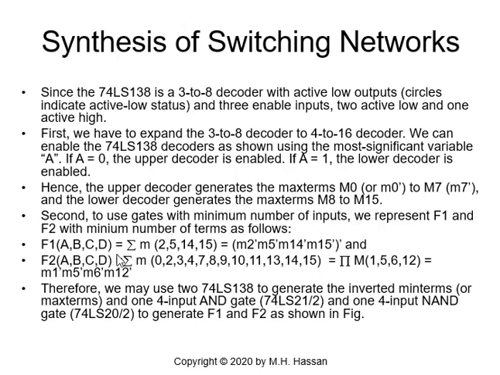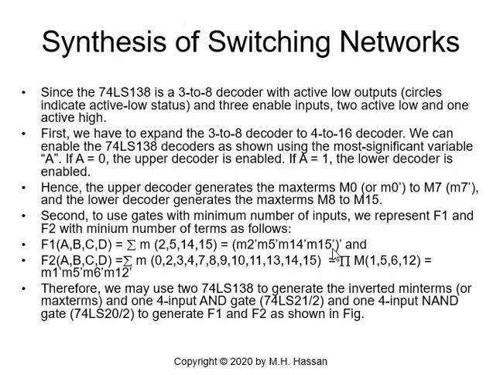So the F1 implementation, which is the sum of minterms 2, 5, 14, 15, is M2 prime NAND M5 prime NAND M14 prime NAND M15 prime. As you see, there's a complement here, which indicates that the product is an AND gate.